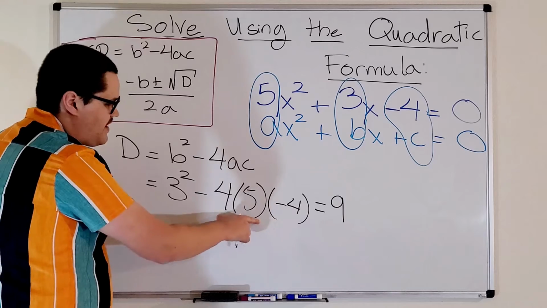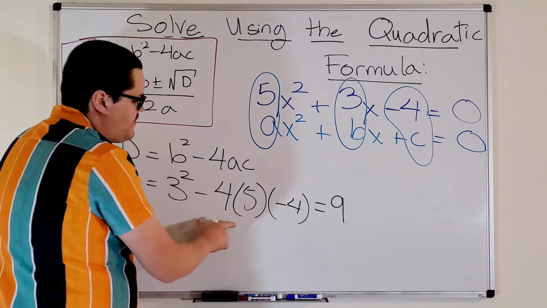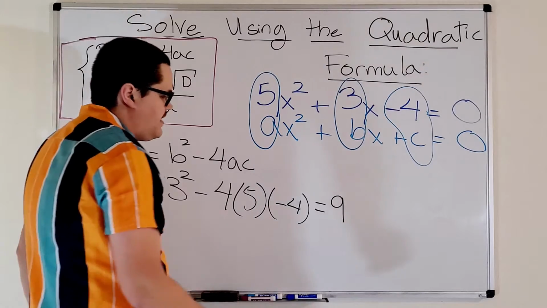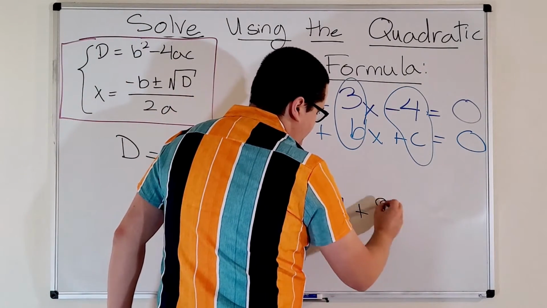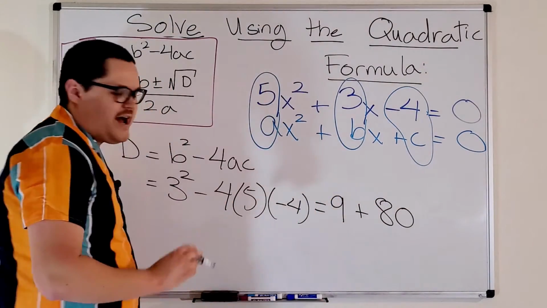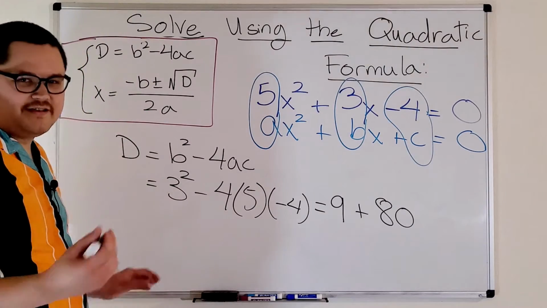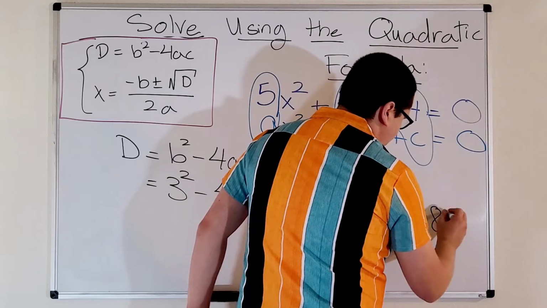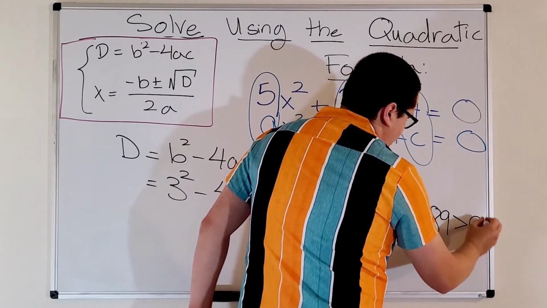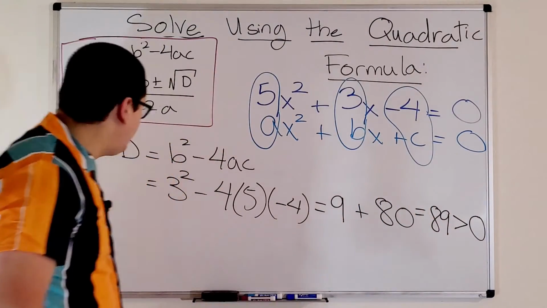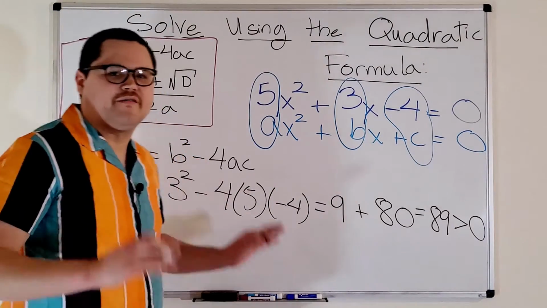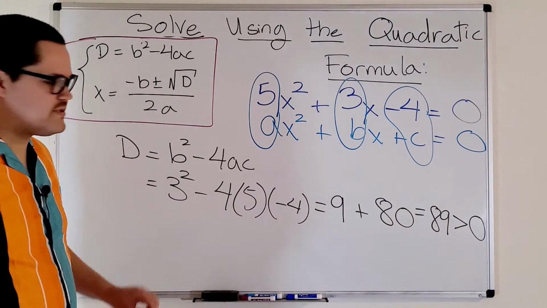Negative 4 times 5 is negative 20. If you multiply by negative 4 again, you get positive 80. So 9 plus 80 is 89. Okay, so this is greater than 0. Whenever our discriminant is greater than 0, we have two distinct real roots.